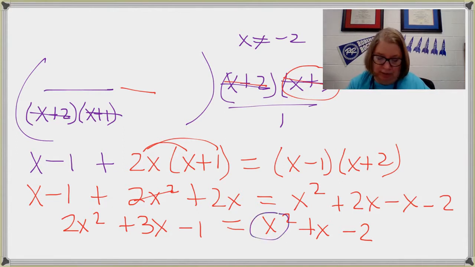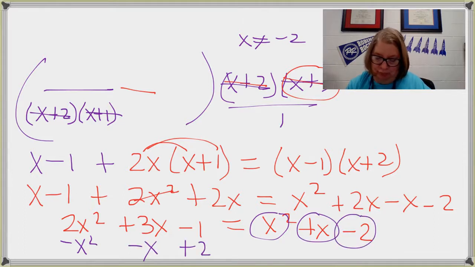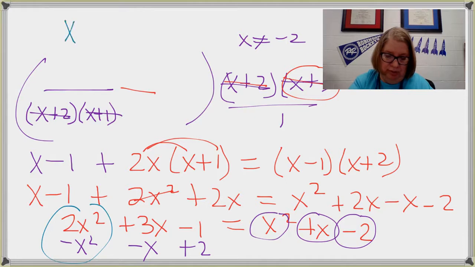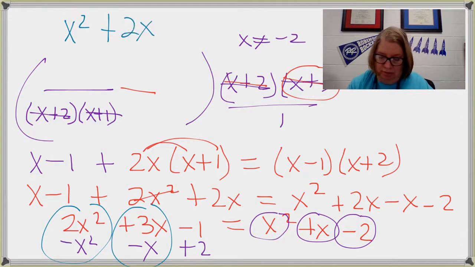So I'm going to subtract this x squared, subtract this x, and add that 2. I'm going to take this back up to the top. This is x squared, this is 2x, this is plus 1.